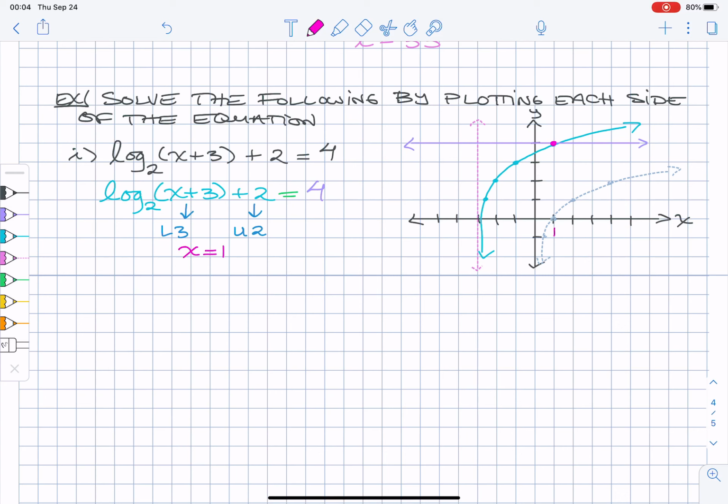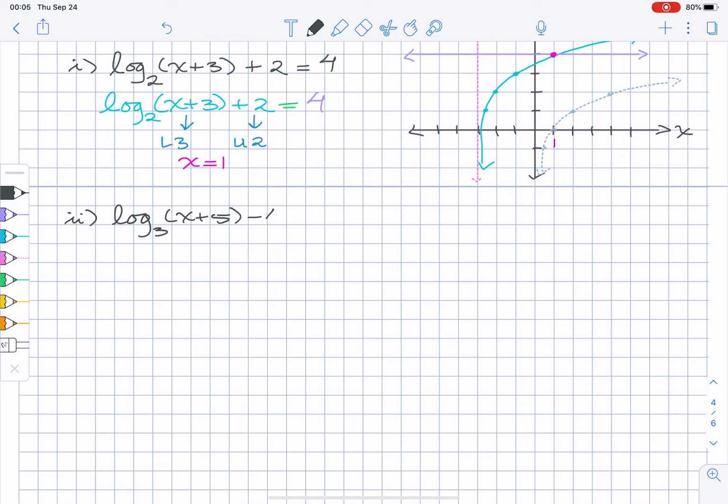Okay, so number 2. Let's say we have log base 3 of the quantity x plus 5, minus 4 is equal to negative 2. Okay, so on the left we'll have blue, log base 3 of the quantity x plus 5, minus 4, is equal to, on the right, we'll have negative 2.